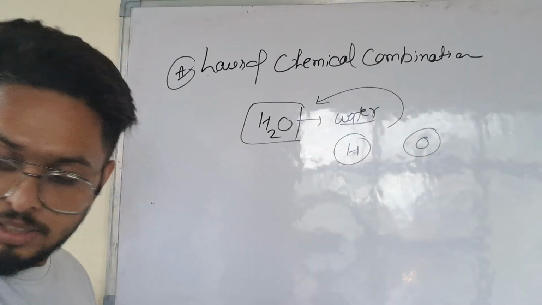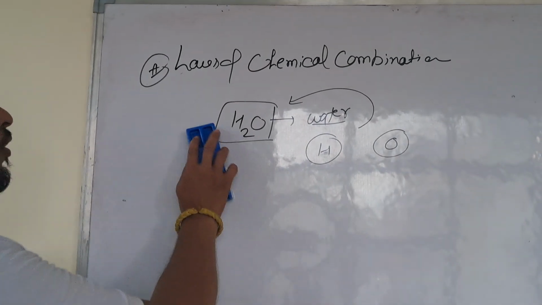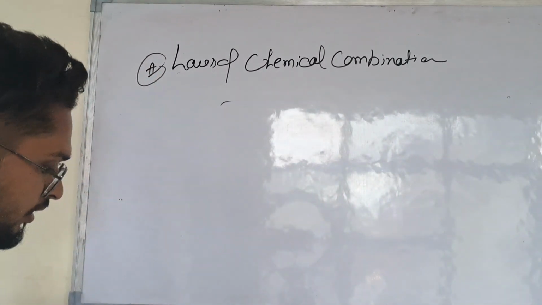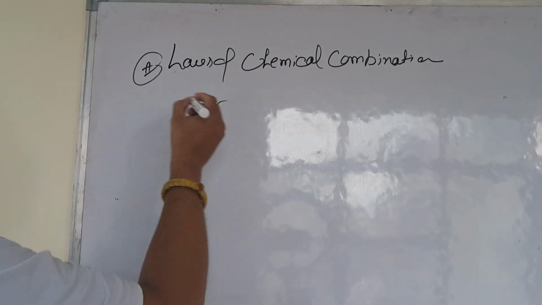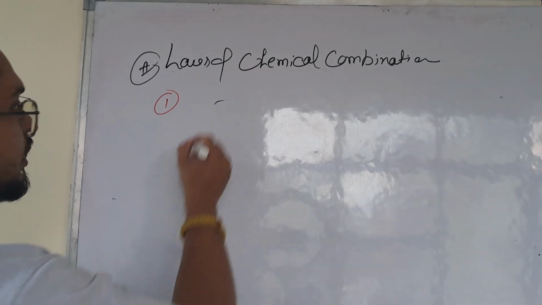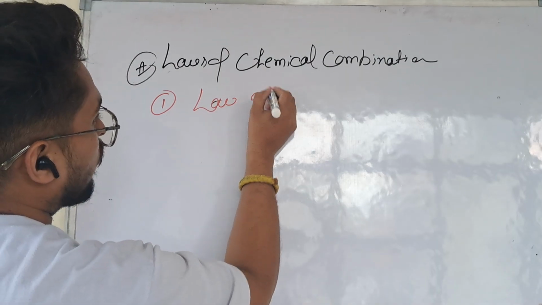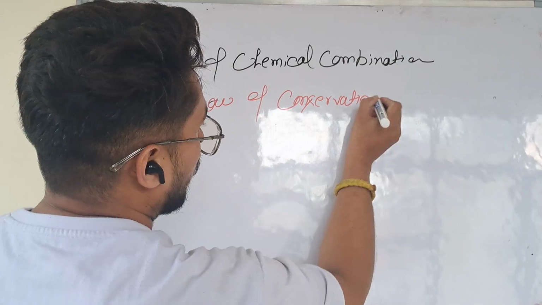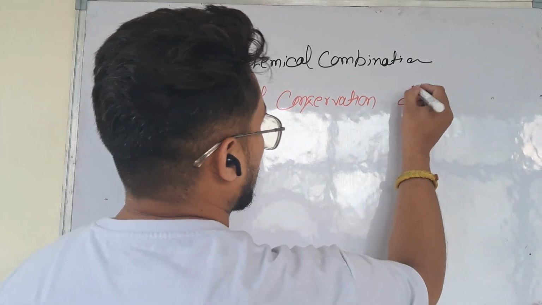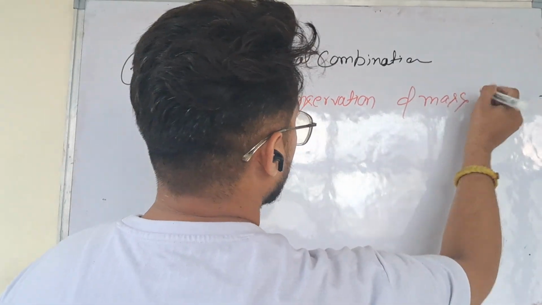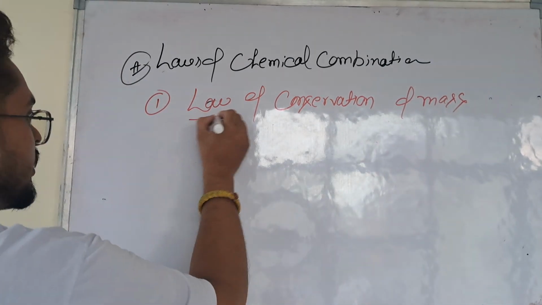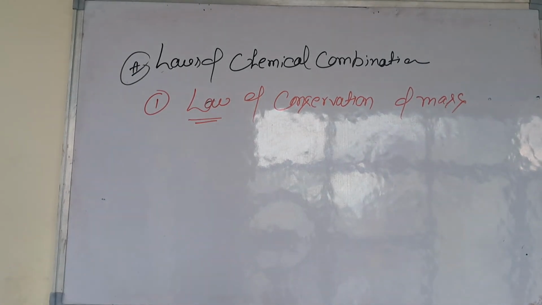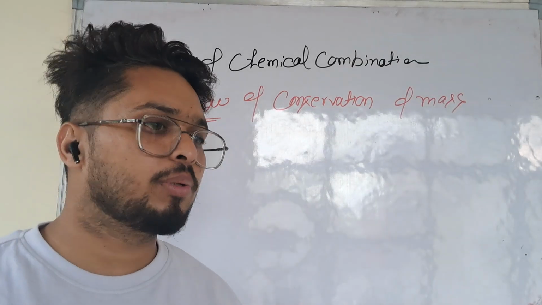Why are chemicals combined to form different products, maybe compounds, maybe polymers and all of these things. So there are 5 laws of chemical combinations. First one is known as law of conservation of mass. What this law states is that the mass of the universe can be neither created nor destroyed.